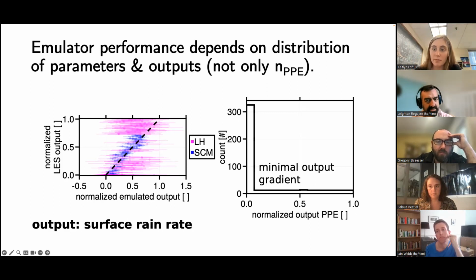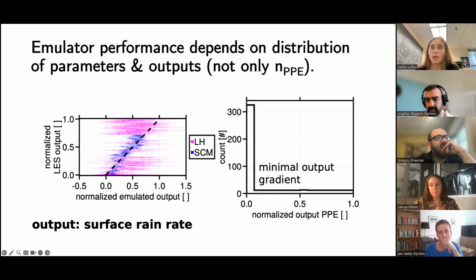So that you maybe had something that only was predicting rainfall when it's raining? Yeah, so one option would be to curate what samples from the PPE we want to put into the emulator, or we could potentially train a classifier of whether it is raining or not.